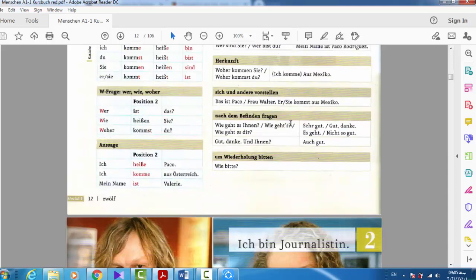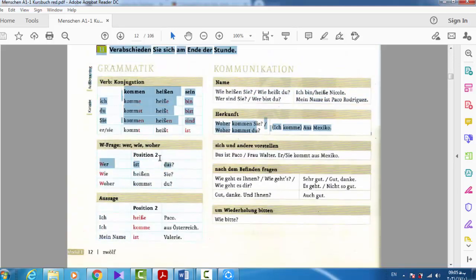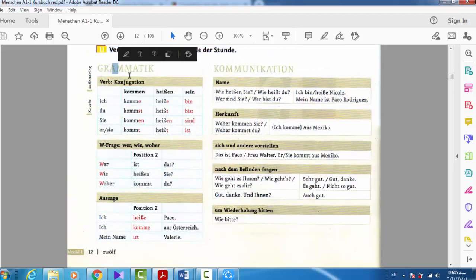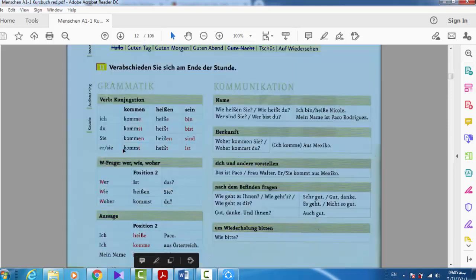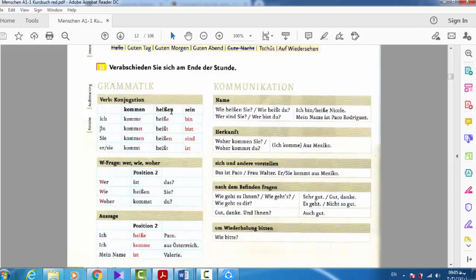So first of all, I focus on this section for grammar. This is the grammar for Lektion 1, or Lesson 1, the basic grammar for the German language. I assume that you don't know anything about the German language and its grammar. Here I focus on this section for grammar.